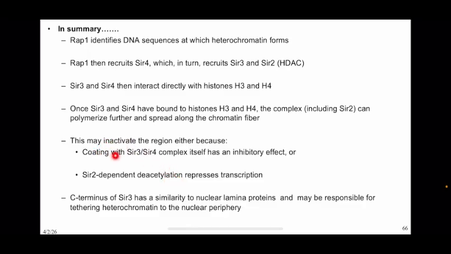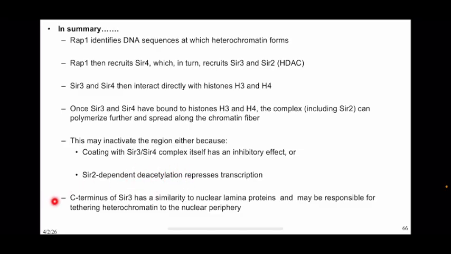So the first step, the recruitment of cell3 and cell4 to bind to RAP1, on its own is an inhibitory effect. It actually inactivates the region to some extent before cell2 comes in to do the deacetylation, and the deacetylation on its own is another inactivation effect.